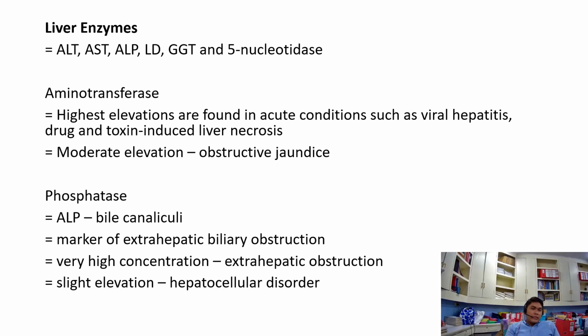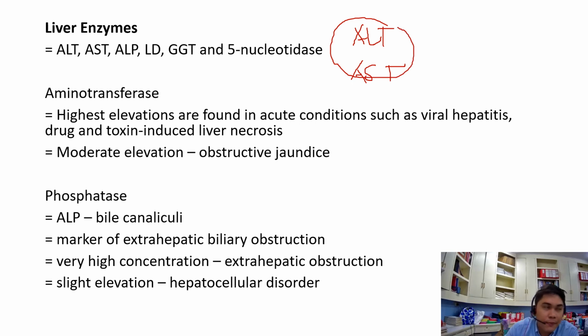For aminotransferase, highest elevations are found in acute conditions such as viral hepatitis, drug and toxin-induced liver necrosis, and moderate elevation in obstructive jaundice. Regarding ALT and AST, these transaminases or transferases are usually significantly increased in hepatocellular injury.